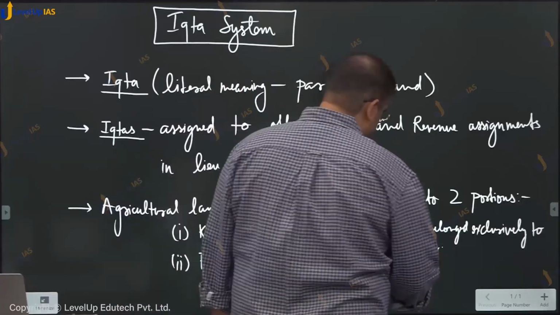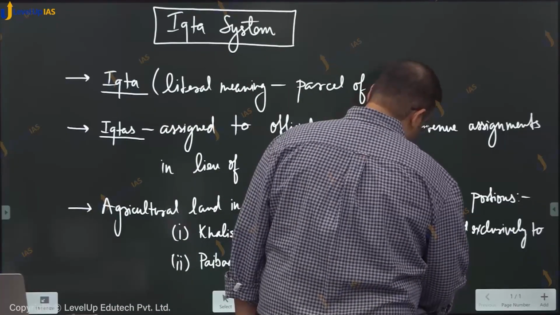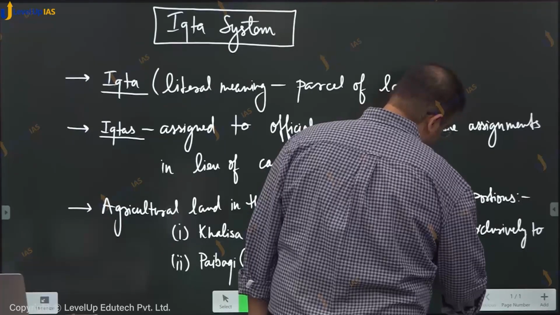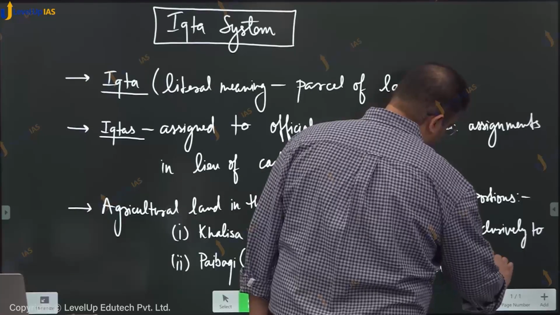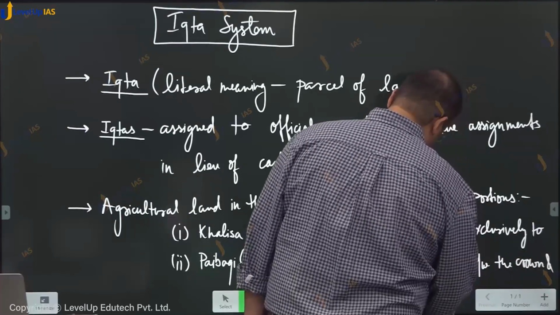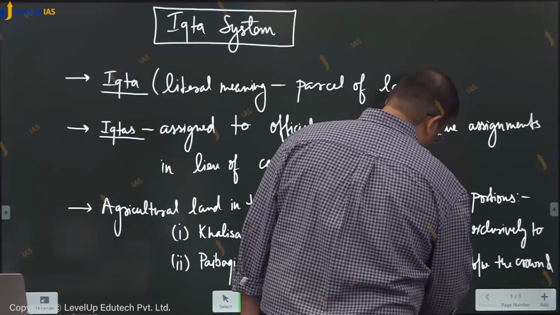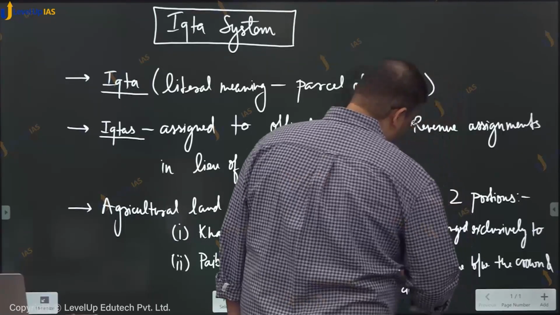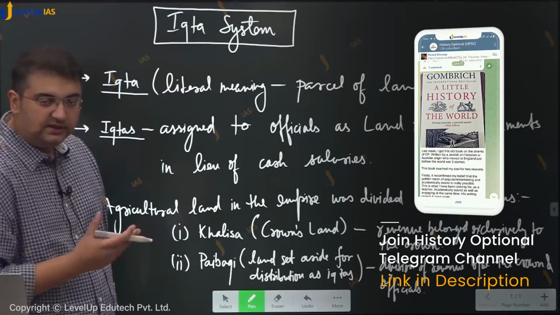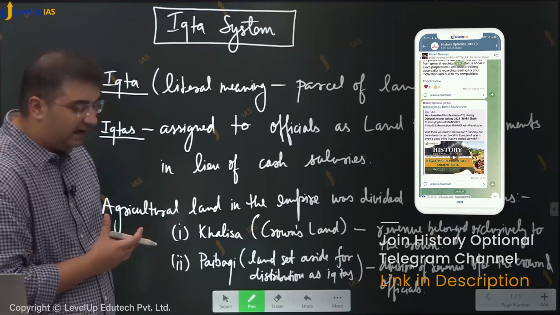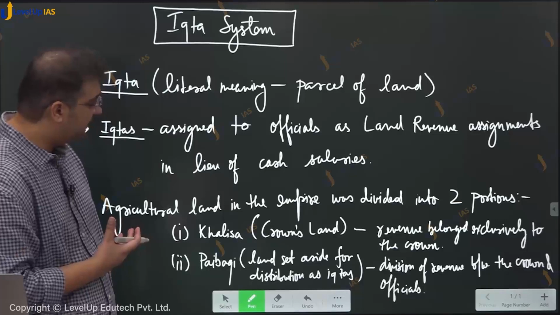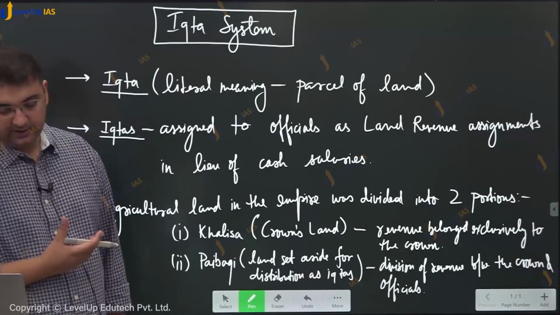Division of revenue between the crown and the officials would take place over here, right? Now naturally these would be located at some distance away from the center, right? So they would be located in the non-core areas of the empire.